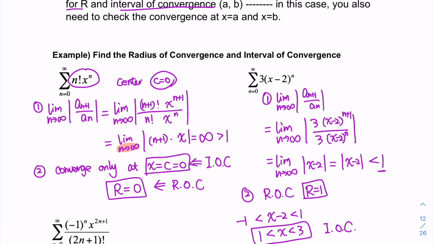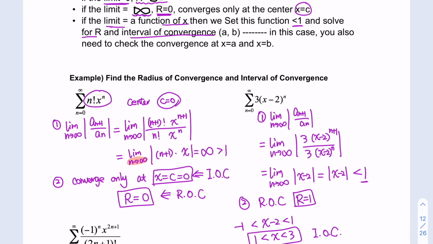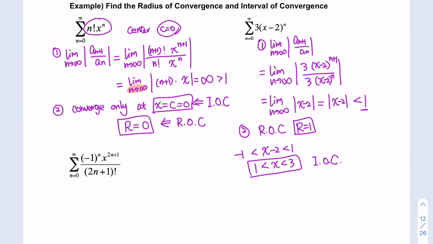For the interval of convergence, in this case you also need to check the convergence at the boundary points, a and b, so we get 1 and 3. We have to check whether the series converges when we plug x equals 1 in. So we plug in the sum from n equals 0 to infinity of 3 times negative 1 to the nth power.